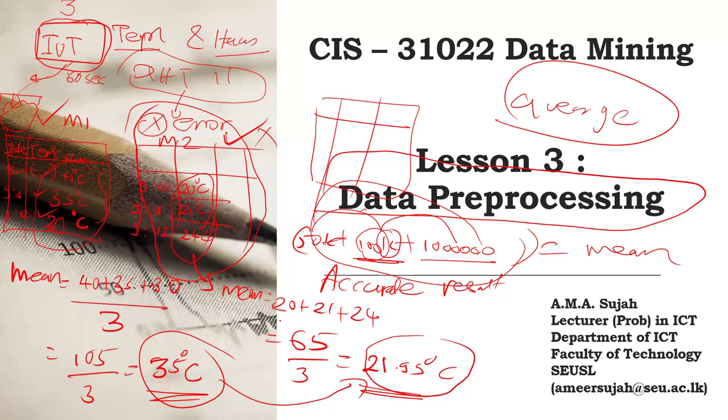If you fill in the wrong mean value, your predictions or your model training will fail because of these error values. So before you apply whatever data mining techniques, definitely you need to do the data pre-processing. Here we are going to discuss how we can pre-process the data, and what are the different ways we can pre-process the data.